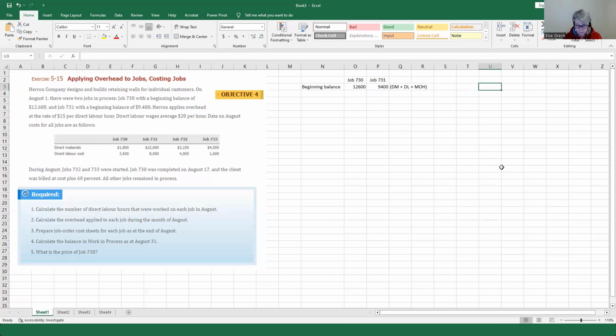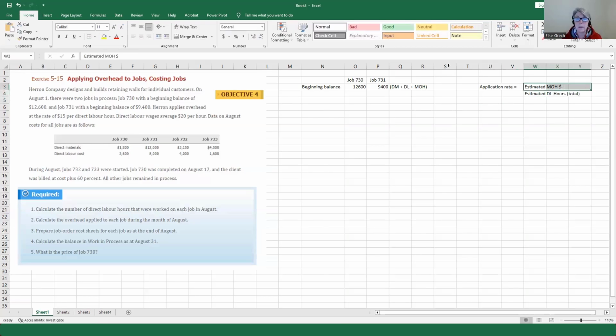So when we look at this, we're going to look at the application rate and how they calculated it. They would have taken estimated manufacturing overhead in dollars, and they would have divided it by the estimated total direct labor hours. So they would have done that already.